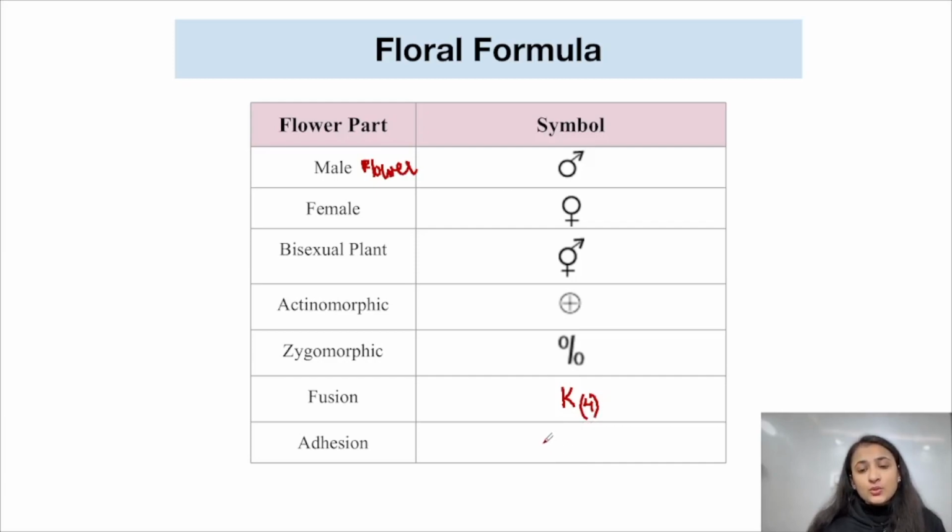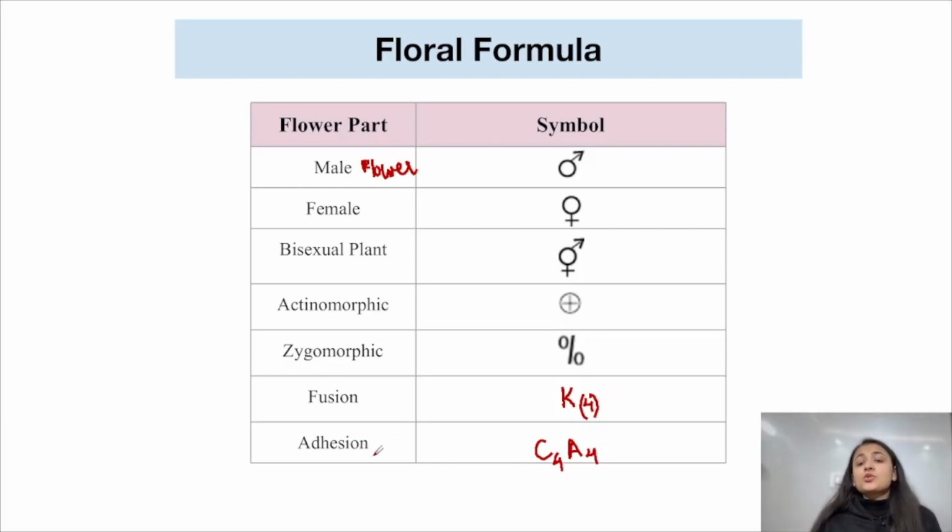Now if the corolla and androecium are there, so 4 stamens for example and 4 petals, we write these numbers. These represent the number of sepals or petals, in case of androecium the number of stamens, and in case of gynoecium the number of carpels. So these numbers represent the number of units of that whorl that are present.